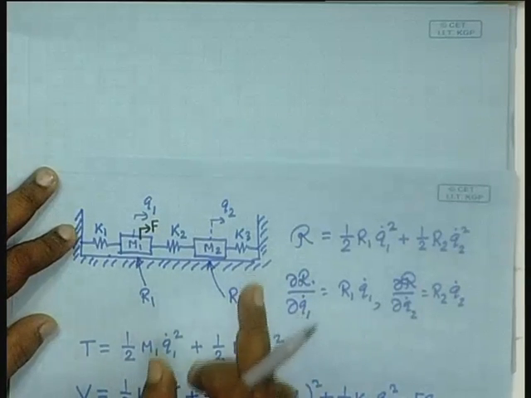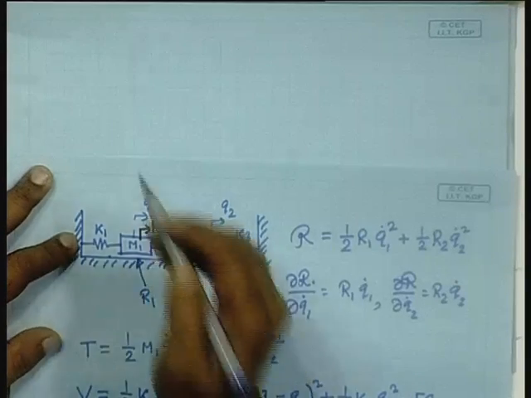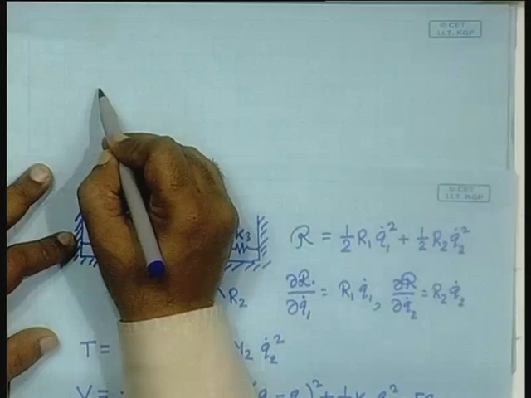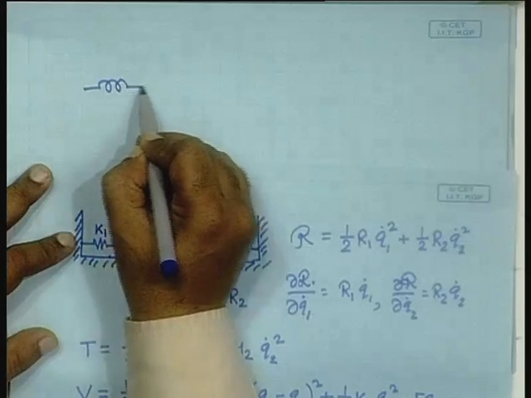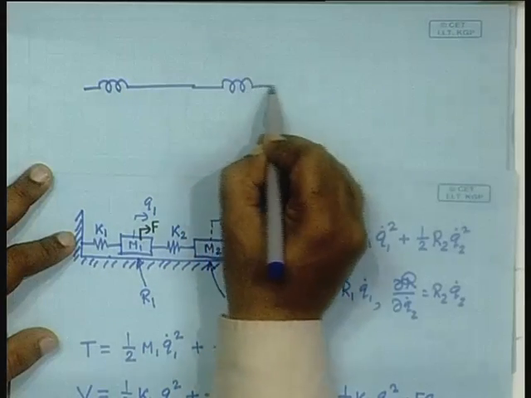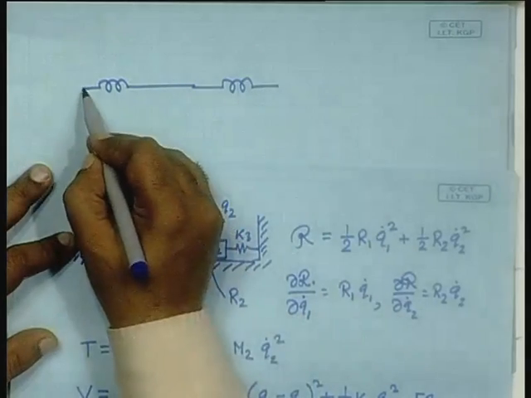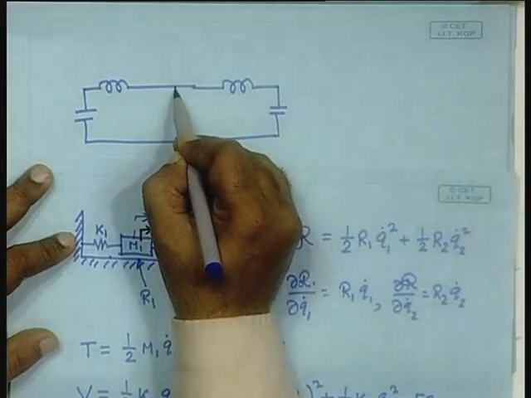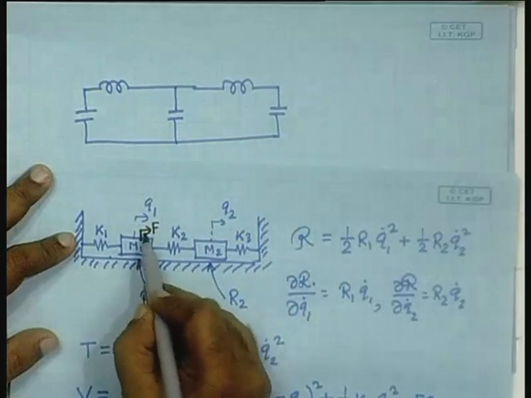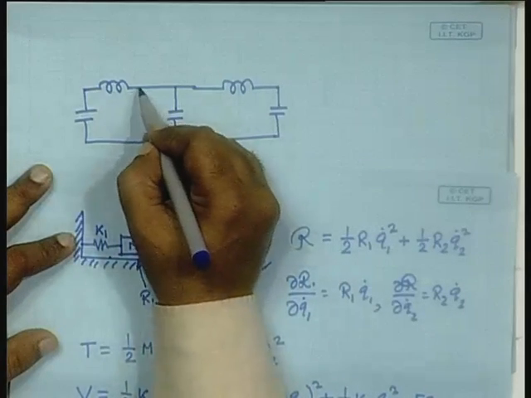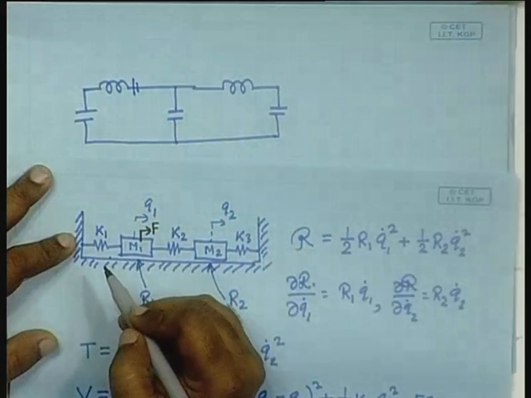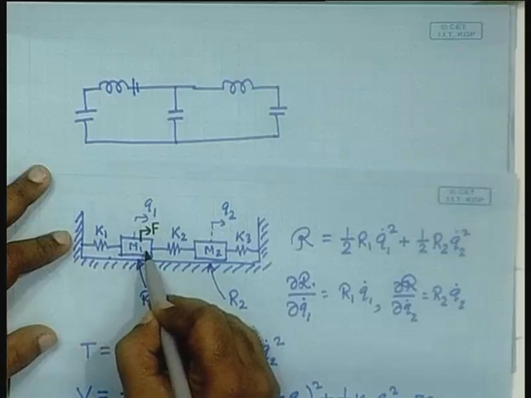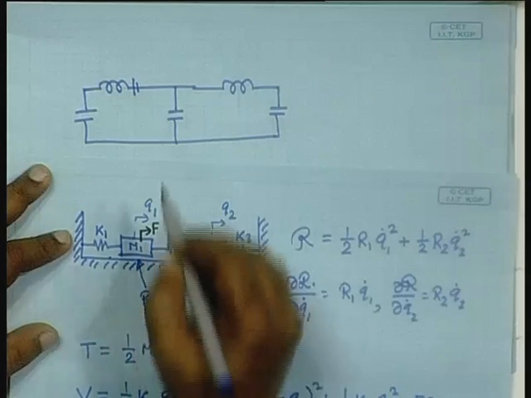We had already seen that the two masses will be represented by inductors, the springs will be represented by capacitors, and this force will be represented by a battery, and there are two resistances, each sharing the same motion as its mass, the inductor.